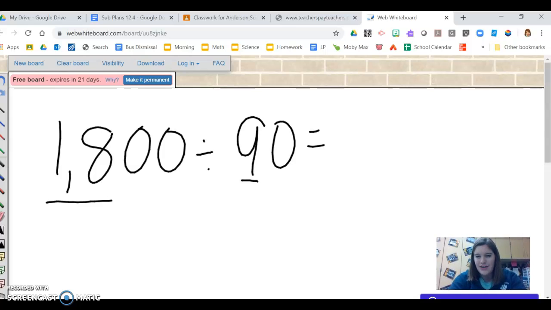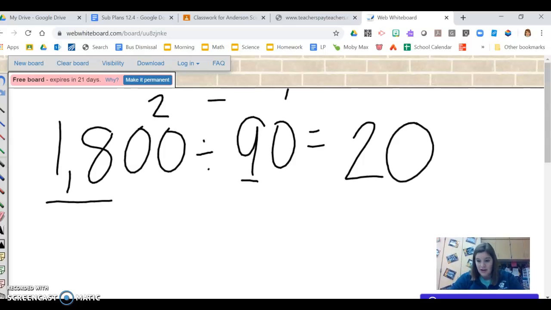Hopefully you know your facts and you know that that's 2. And instead of adding our zeros and putting 3 zeros at the end, we're actually going to subtract them. So I have 2 zeros here and I have 1 zero here. 2 minus 1 is 1, so I will only have 1 zero in my quotient, which is the answer to a division problem.